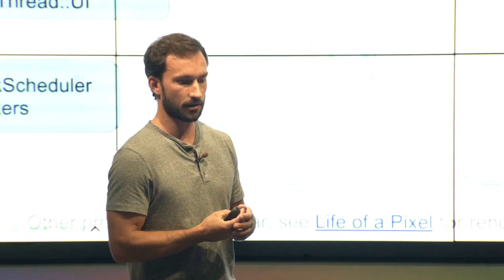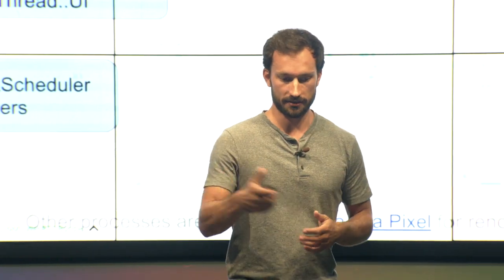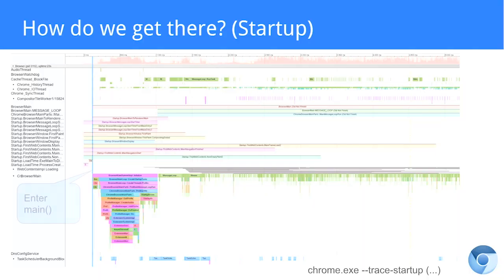Yesterday in Life of a Pixel, we saw what's happening in the renderer. I'm not going to go into those details. So how do we get to that stage with all of those threads running? This is a trace of Chrome startup, and with chrome.exe --trace-startup, you can actually get a startup trace in Chrome tracing, which you can load afterwards. So the first thing we do is we enter browser main.